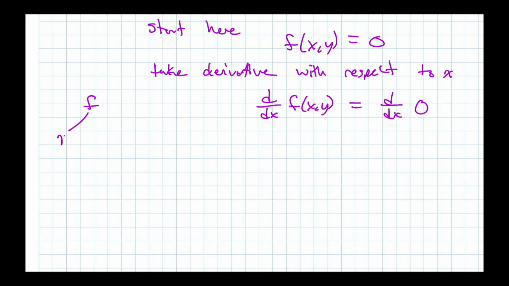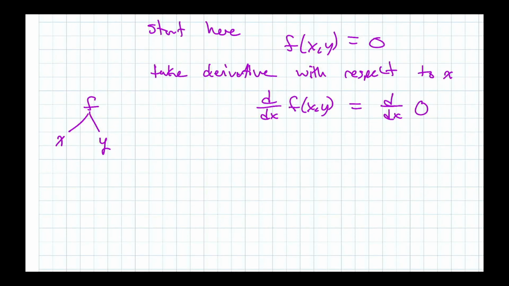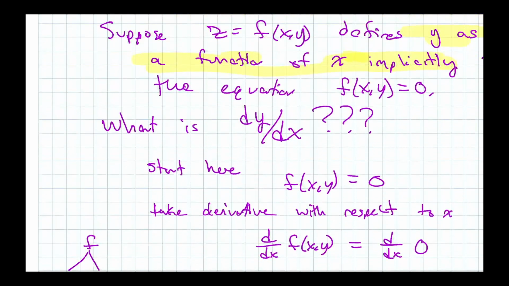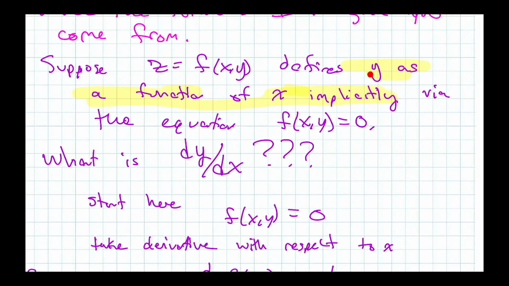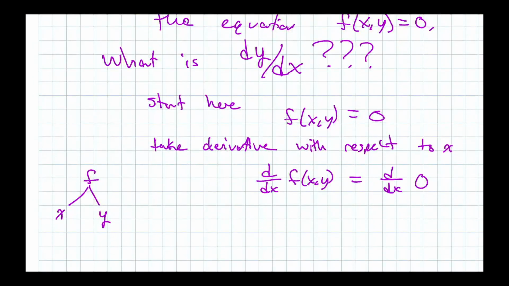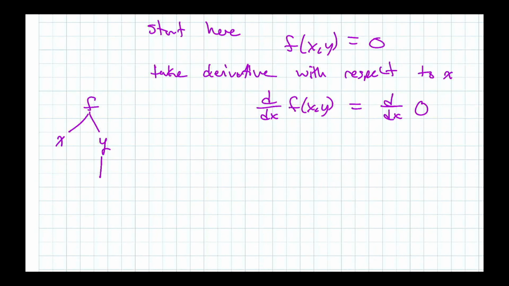F is a function of x and a function of y, right? It says it right here. But we also said up here that we were going to be treating y as a function of x. So y is a function of x. So you come up here on your tree and you can say, well, y is also a function of x. So that's a weird looking tree, but this is what we have.